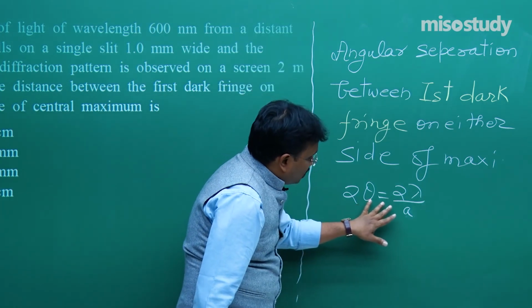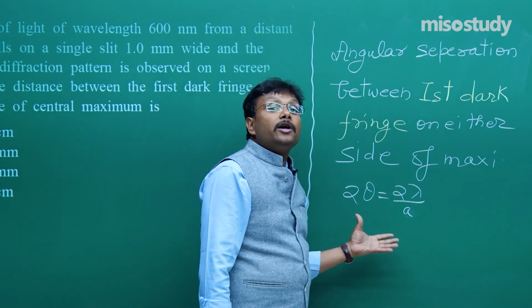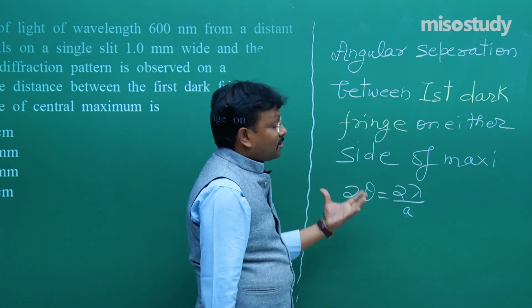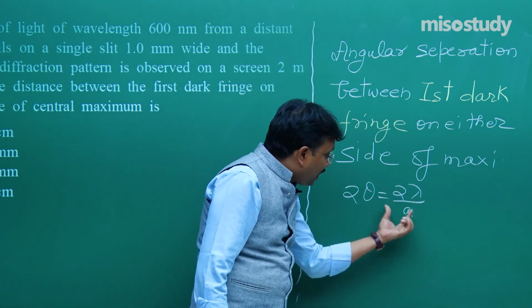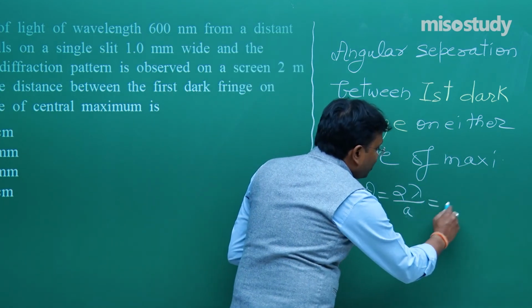So 2 theta is equal to 2 lambda upon a, and the linear separation at any distance capital D is 2 lambda upon a into D. So this is the linear separation.